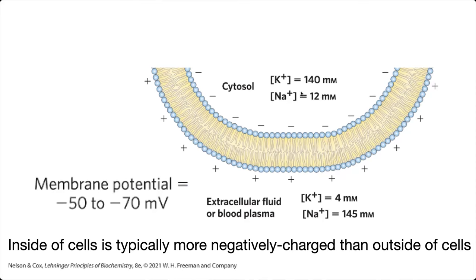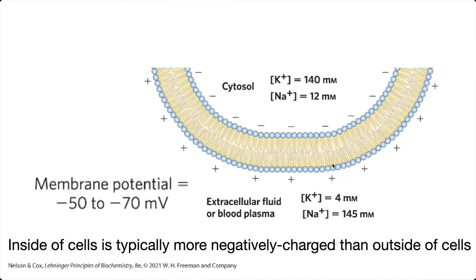In the case of our sodium, we have a higher concentration of sodium outside of the cells than inside of the cells, so it's kind of the reverse. So we've got 12 millimolar inside of our cells, 145 millimolar outside of our cells, and this is just kind of an average value, I'm assuming. So in this case, the electric gradient is going to be driving things into the cell, and the chemical gradient is going to be driving things into the cell, in terms of our sodium.